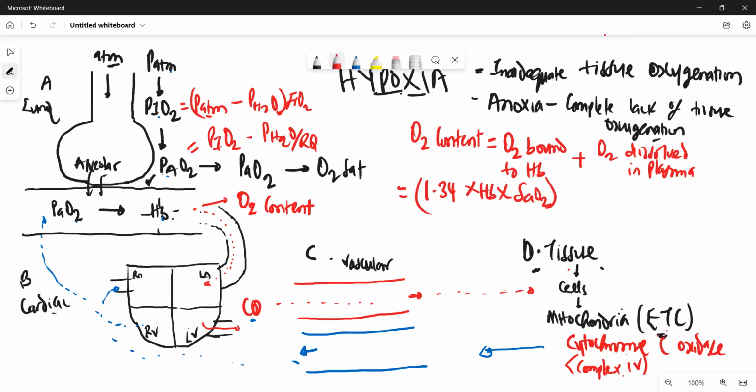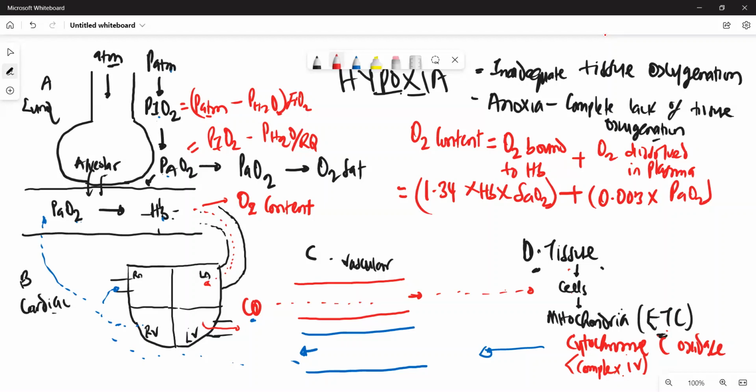So that's how we come up with this formula. And we're going to add this to the oxygen dissolved in plasma, which is expressed as 0.003 multiplied by our PaO2, right? So this is going to be the oxygen content in the blood, right?